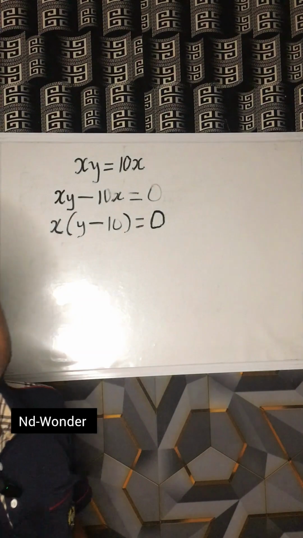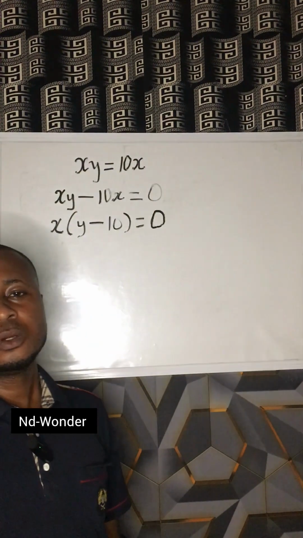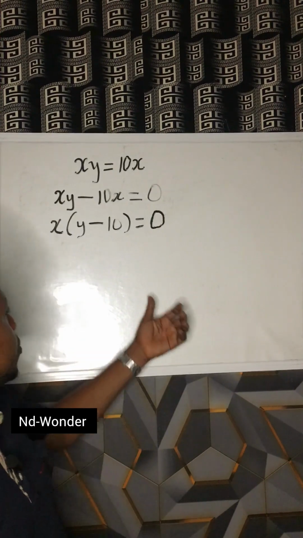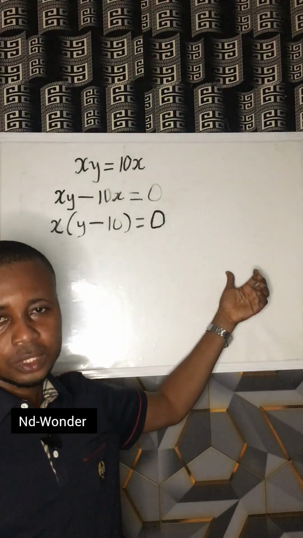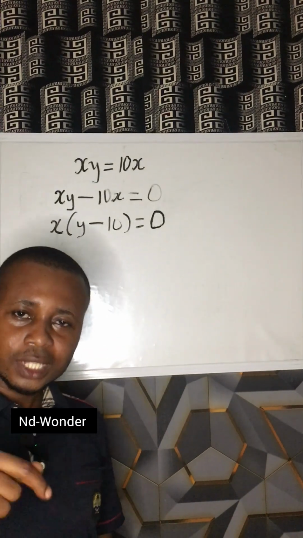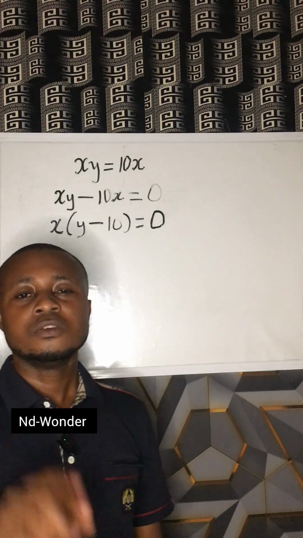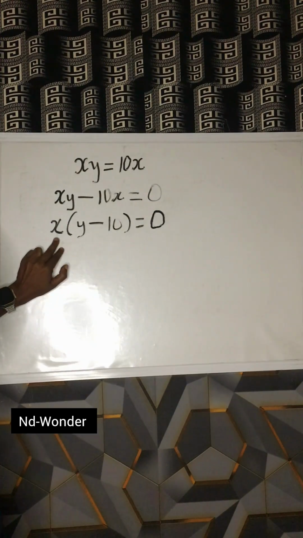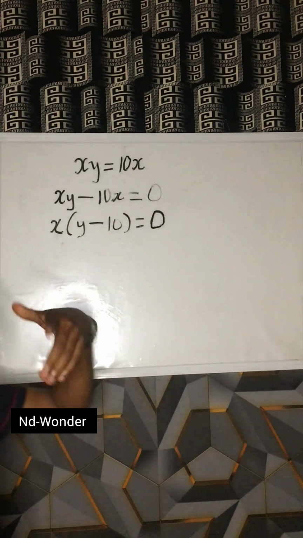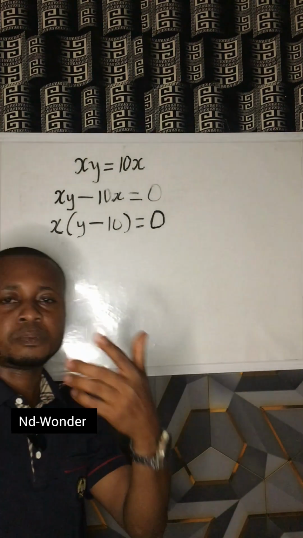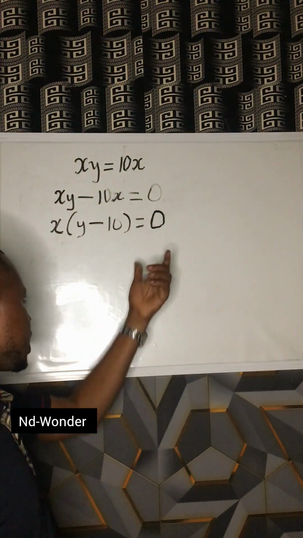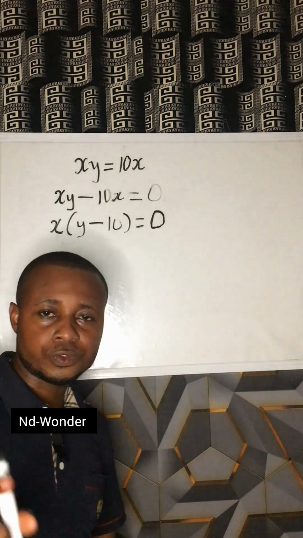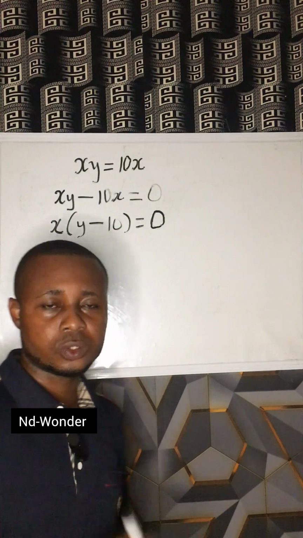The zero product property states that if the product of two or more values happens to be 0, then in that case, one of the values must be 0. If you have two or more values that are multiplied and the answer happens to be 0, then one of those values must be 0.